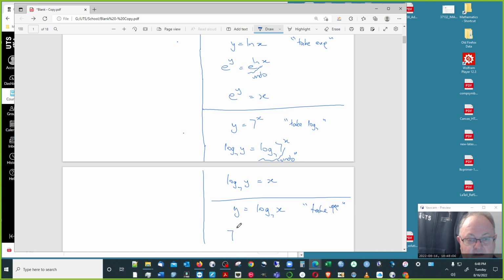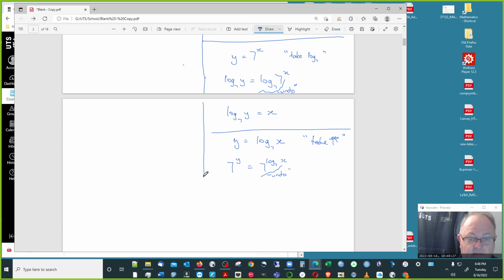So we raise y to the power 7. We raise log base 7 to the power 7. And then what happens? This is the opposite, isn't it? This is undo, gone. So on our final part, we've managed to find it.